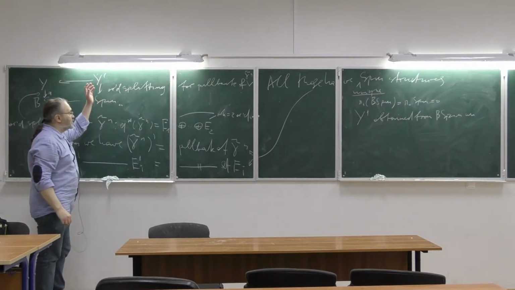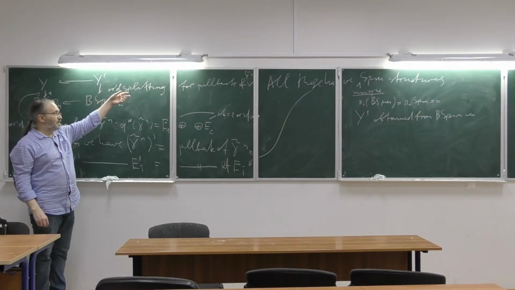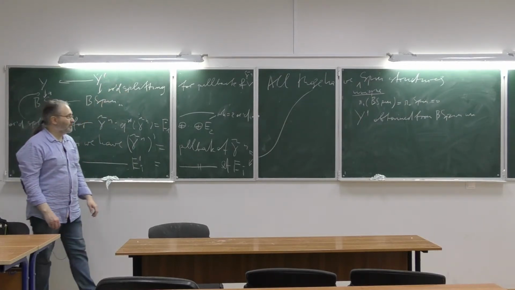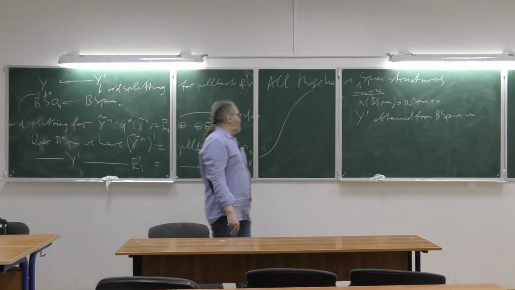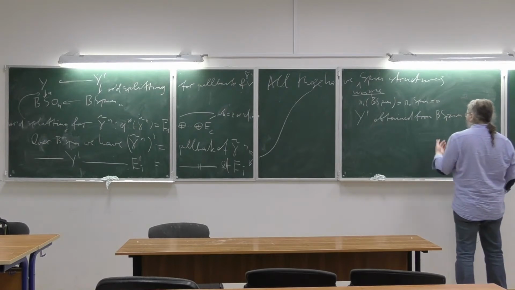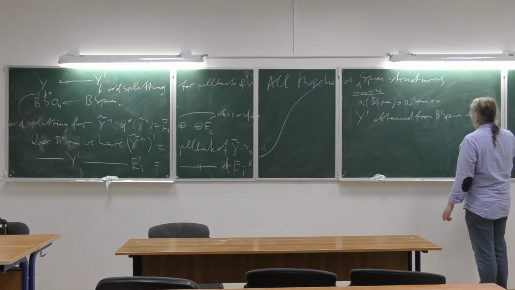One way to look at the space would be to say that it's the splitting space for the pullback of gamma tilde. So we use the usual construction for the splitting space.